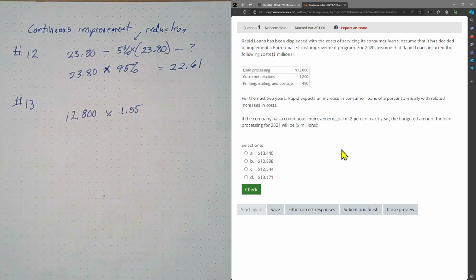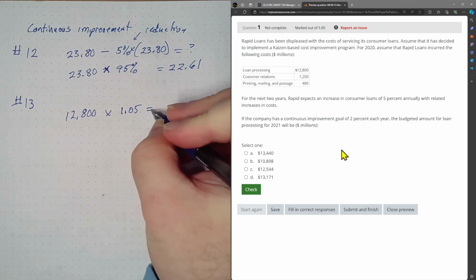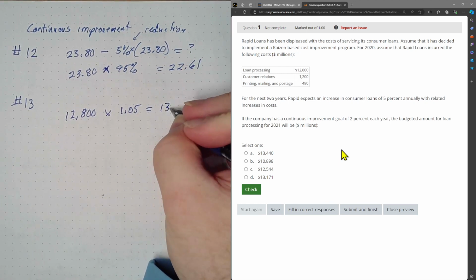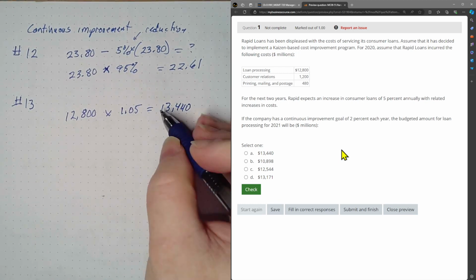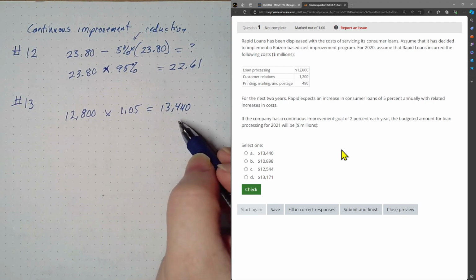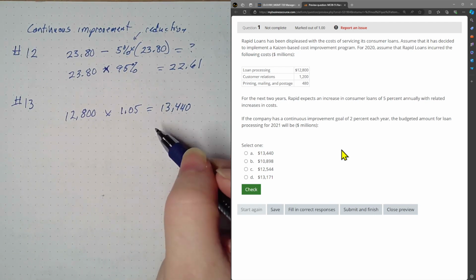The 1 means the original amount plus the 5%. And that's going to equal 13,440. So with the 5% increase in loans, we'd have a 5% increase in costs. The new cost would be 13,440, but we don't want them to go up by that much.